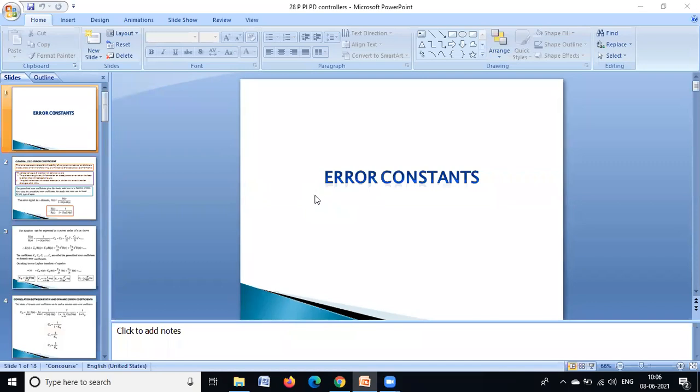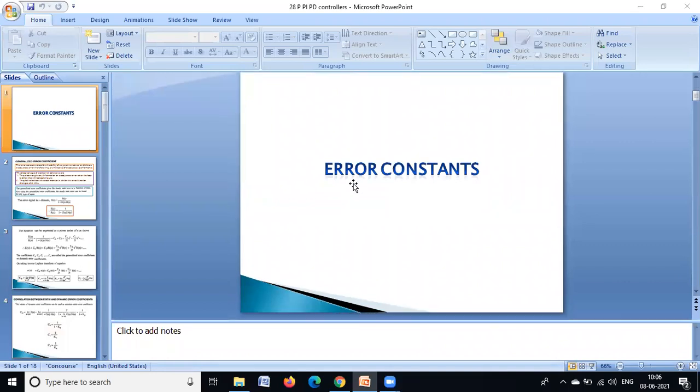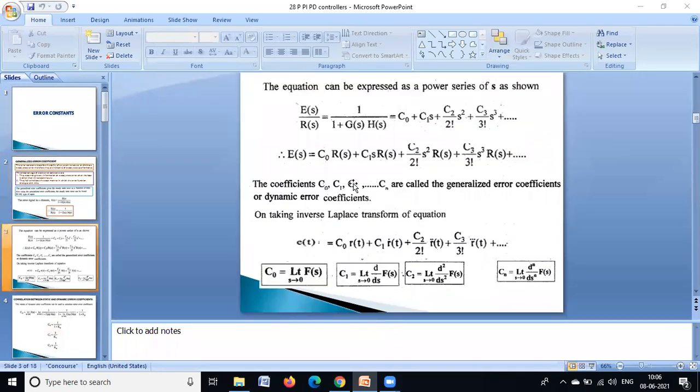Once we get the steady state error, that can be represented using either static error constants or the generalized error constants. In the previous sessions, we have derived formulas for static error constants and also generalized error constants.